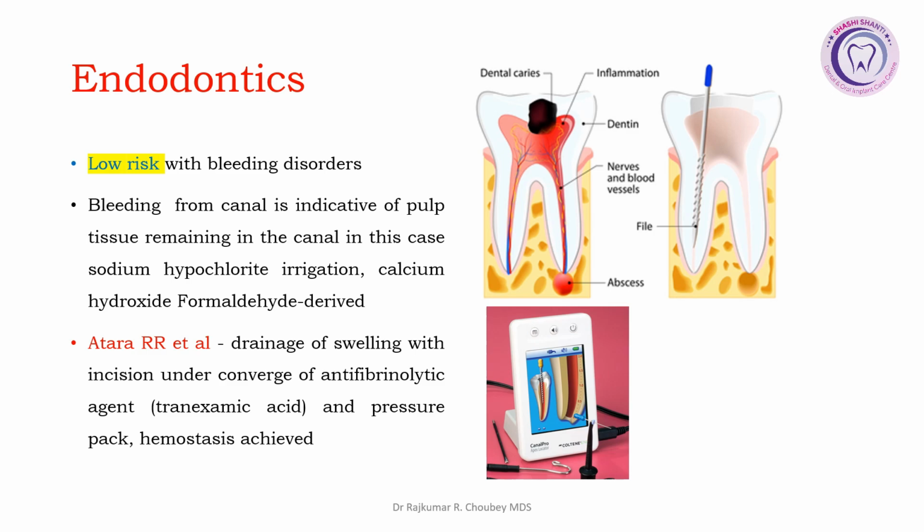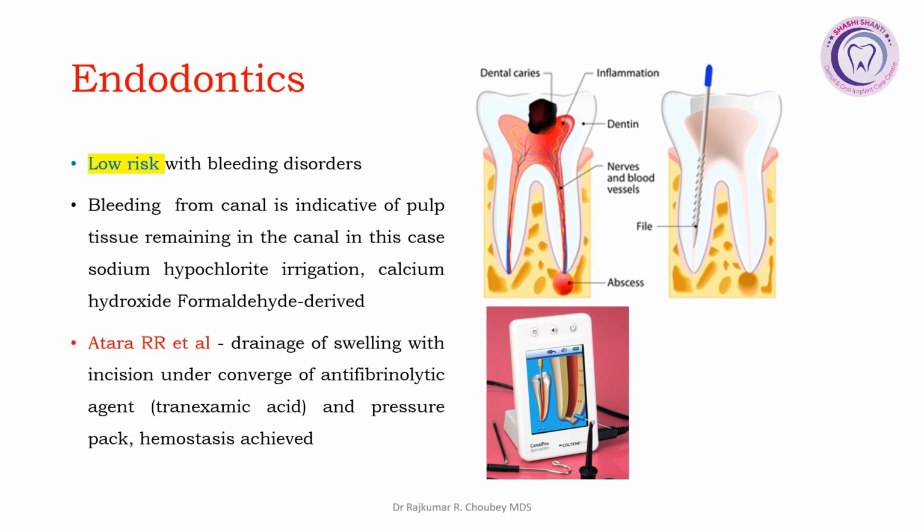If it goes beyond the bone, bleeding will occur. In the canal, there may be some bleeding, but that bleeding is due to vital or infected pulp and will stop after irrigation with sodium hypochlorite, calcium hydroxide or a formaldehyde derivative. But if bleeding does not stop, it means it is due to the hemophilia.